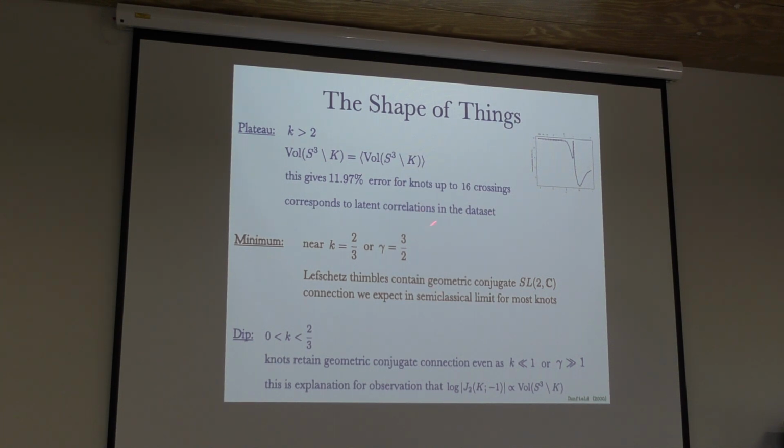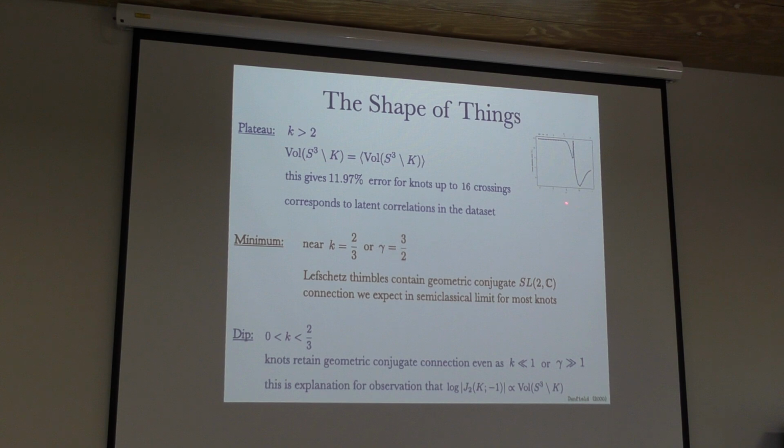If you compute the volume of any knot as the average volume of the entire data set, that'll give you a 12% error, which is what you're seeing on this plateau. The minimum: these Lefschetz thimbles contain what's called a geometric conjugate connection, which you expect in the classical limit, and this is why this particular phase turns out to work so well.